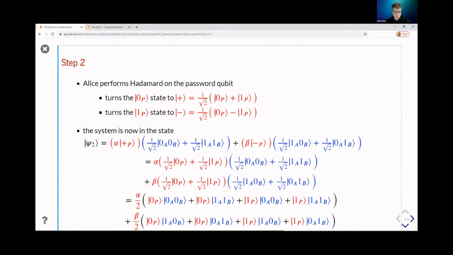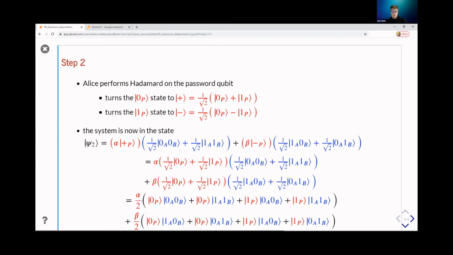This is better. Now you should be able to see the whole thing. Okay, so now you should be able to see that what we've done is distribute each of these layers. So now we have a superposition of 8 terms.